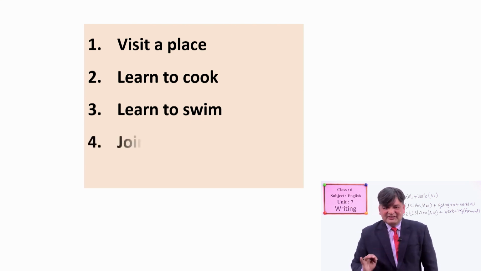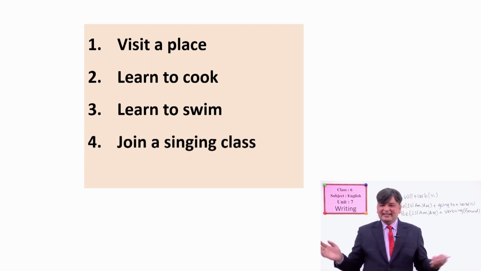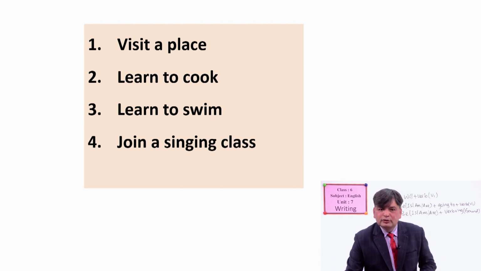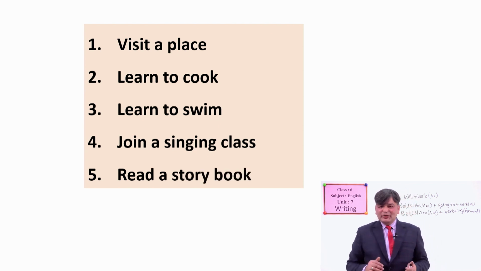Good. So, next is join a singing class. You seem to be interested in singing. Good. So, some of you might join dance classes or some guitar classes, some gym or some other sports. Okay, good. So, number 5 is read a story book.